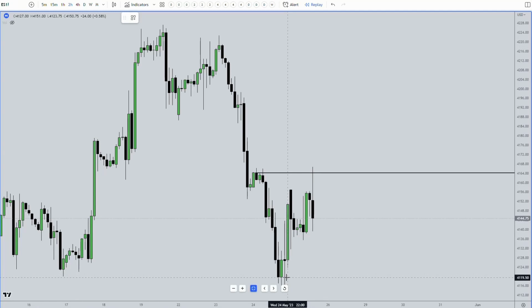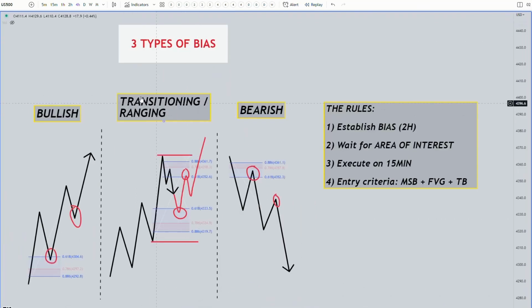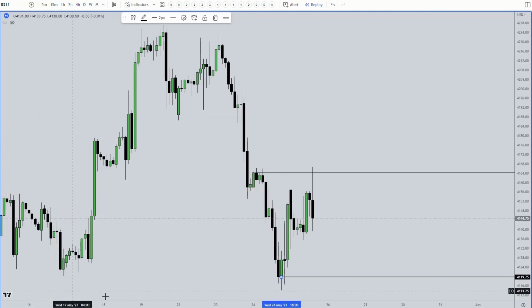For a clear continuation to the downside, you would have had to close below $4,119. So according to my rules, we were within a transitioning ranging stage of the market where potentially I'd be allowed to short within an area of interest on the 2 hour time frame, as well as long within an area of interest on the 2 hour time frame.